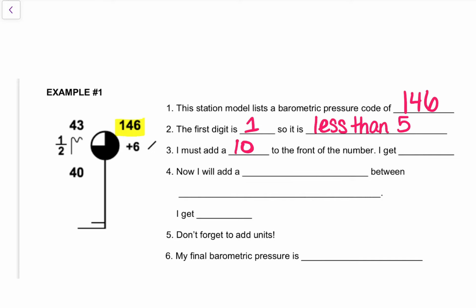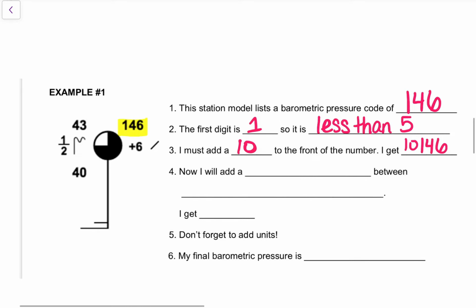So I'm going to write 10, and then I'm going to write the code that is listed on the station model: 10146. I'm not done yet though. My next step, now I will add a decimal point between the last 2 numbers.